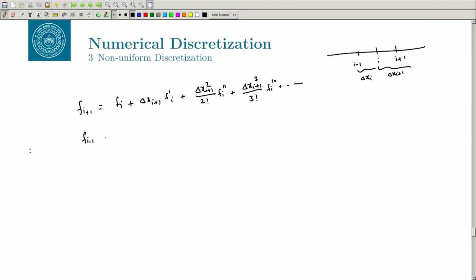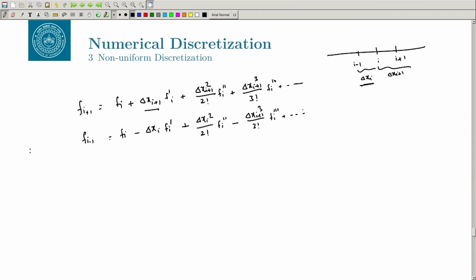f i minus 1 will be f i minus delta x i f i prime plus delta x i square by factorial 2 f i double prime minus delta x i cube by factorial 3 f i triple prime.